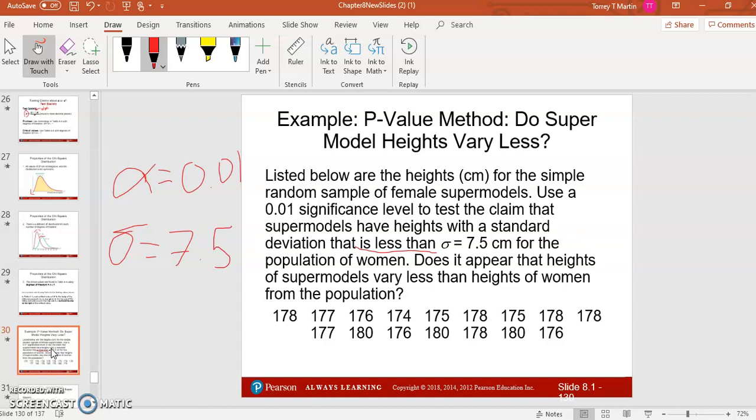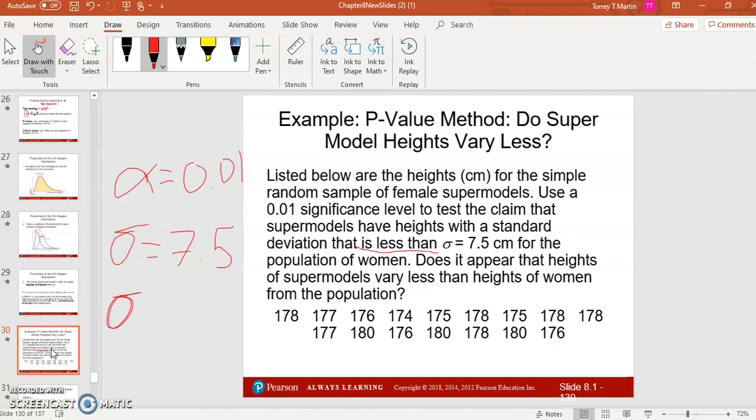Less than means that sigma is less than 7.5. So this is going to be a right tail test. Sorry, not a right tail test, a left tail test. For the population of women, does it appear that the heights of supermodels vary less than the heights of women from the population? So here we have a data set.